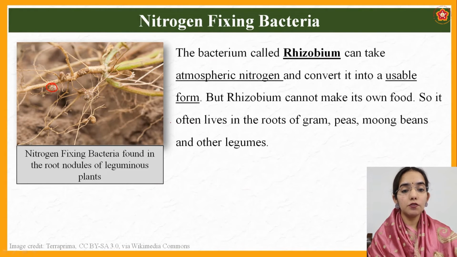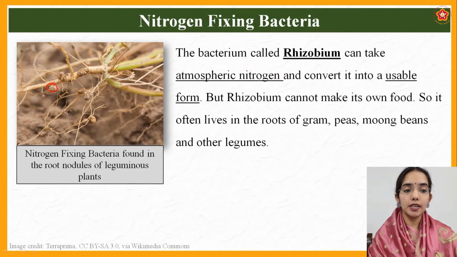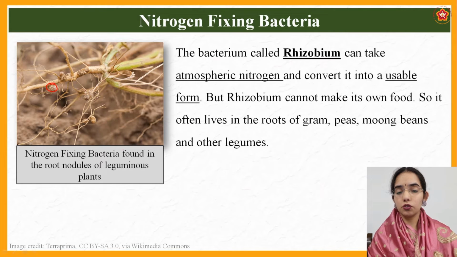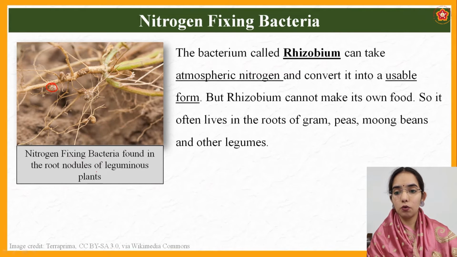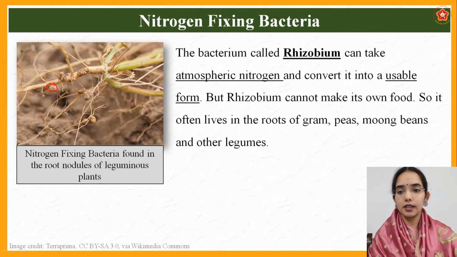So it often lives in the roots of grams, peas, mung beans and other legumes. This nitrogen fixing bacteria is found in the root nodules of leguminous plants. So this bacteria is often found inside these root nodules that you can see over here. It will live over here and convert the nitrogen into soluble form.